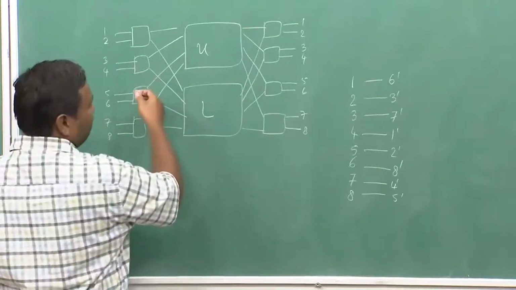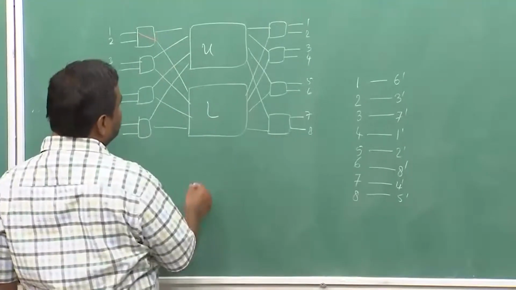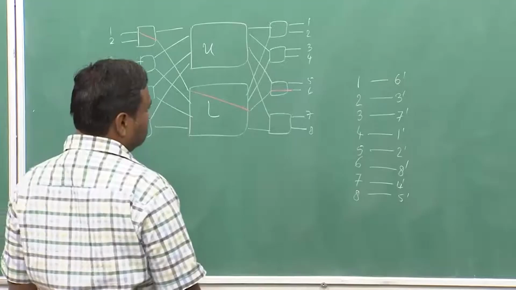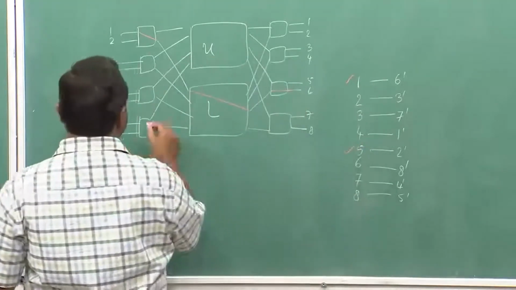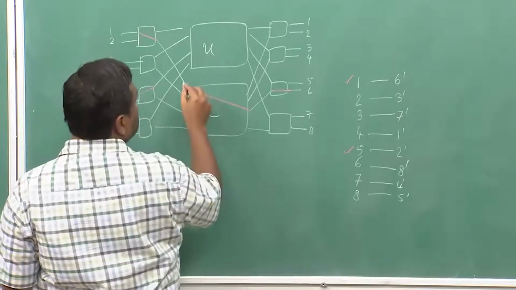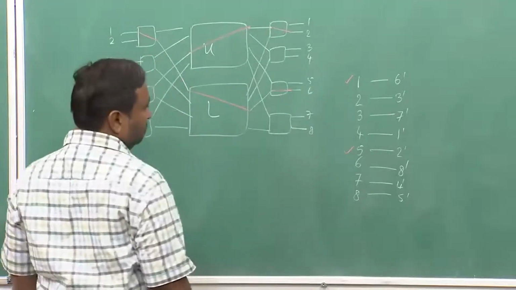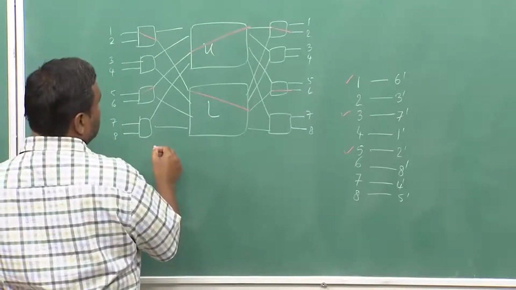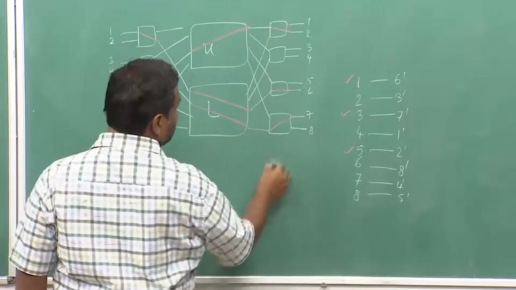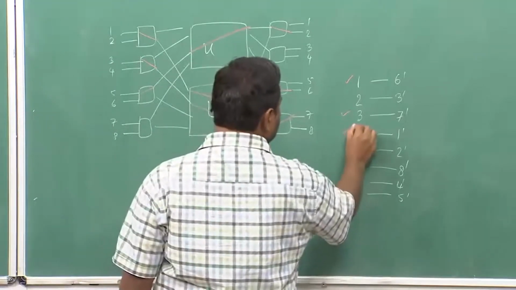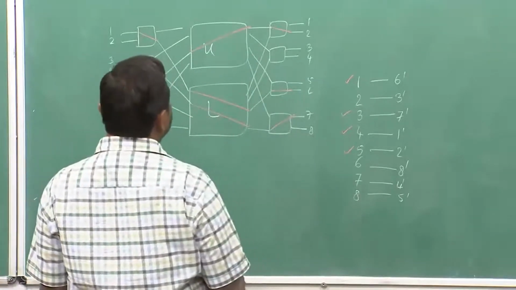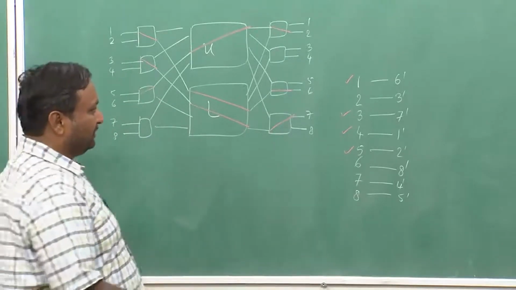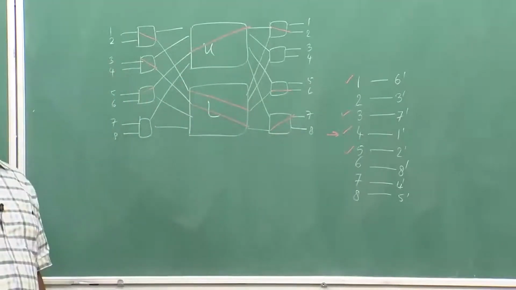So 1 to 6, if I want to do it, let me do it in arbitrary fashion. Then 4 to 1. Oh, this cannot be done. You have ended up in the blocking state.